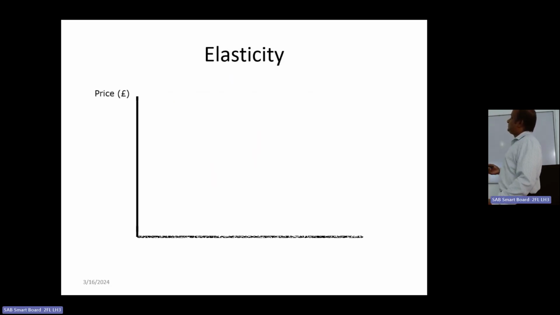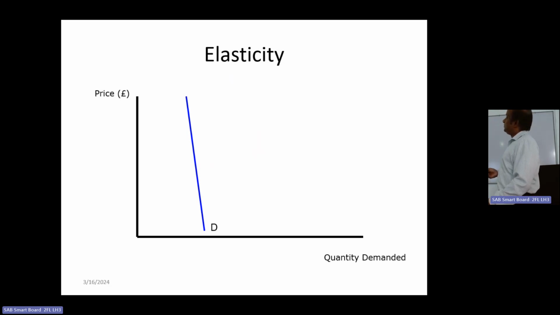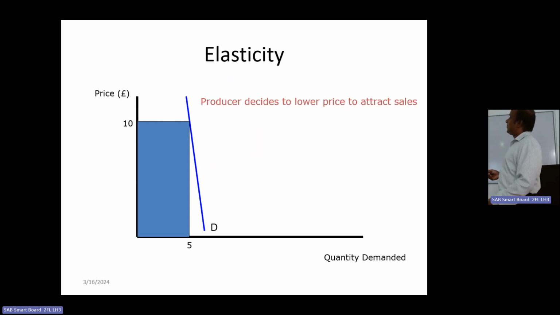In the inelastic case, we have a steeper demand curve. Even though the price changes, the quantity demanded does not change accordingly. If you look at this, at price 10 the quantity demanded is 5, so total revenue is 50.